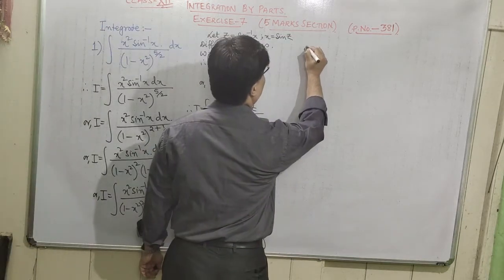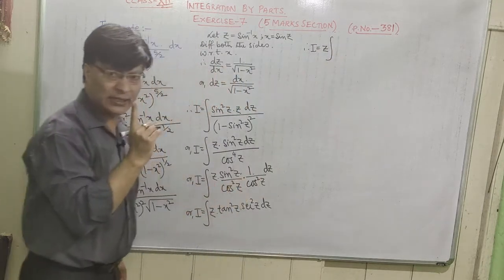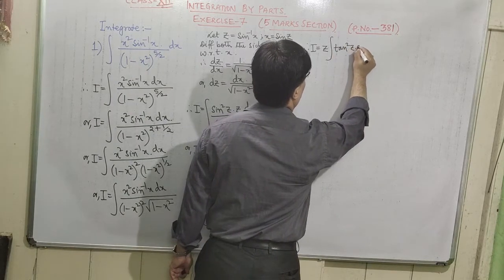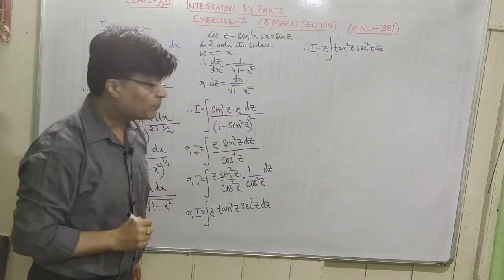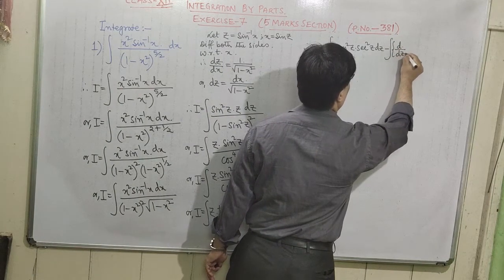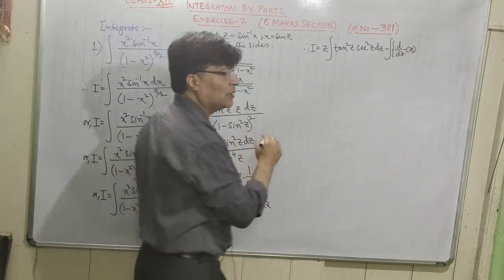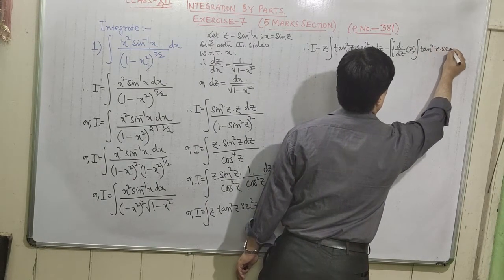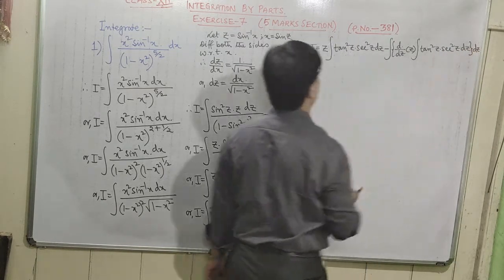Therefore I is equal to, z as the first function is taken outside, times the integral of the second function, that is tan square z into sec square z dz, minus the integration of, bracket opened, d by dz of the first function, that is z, times the integration of the second function, tan square z sec square z dz, bracket closed, dz.